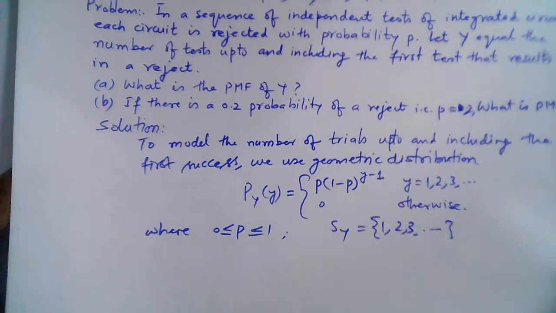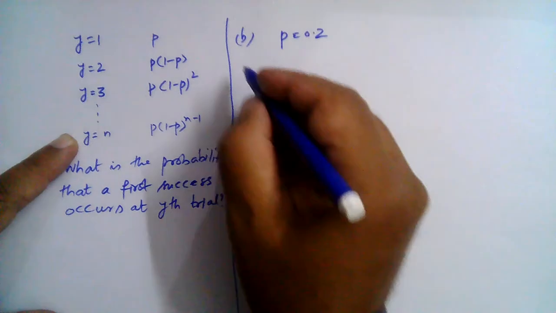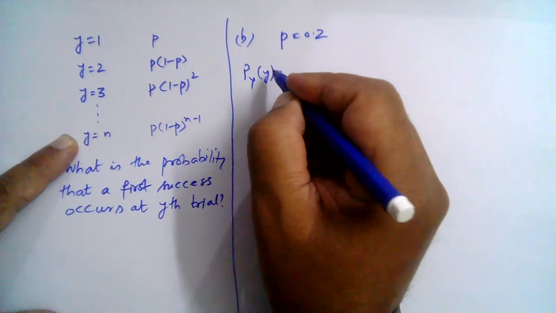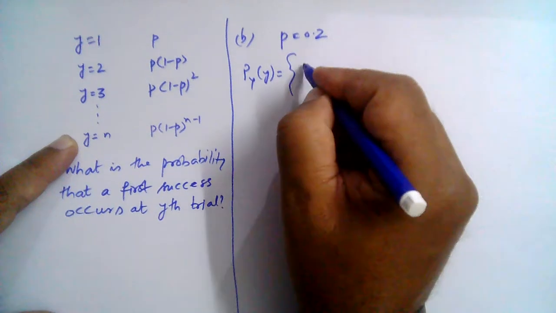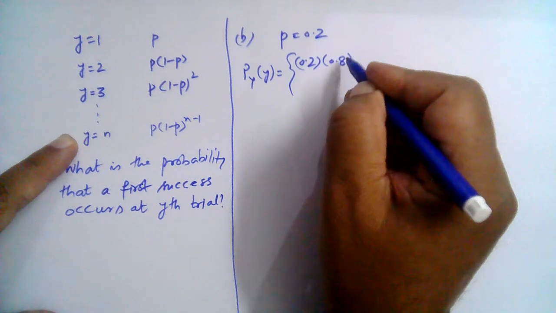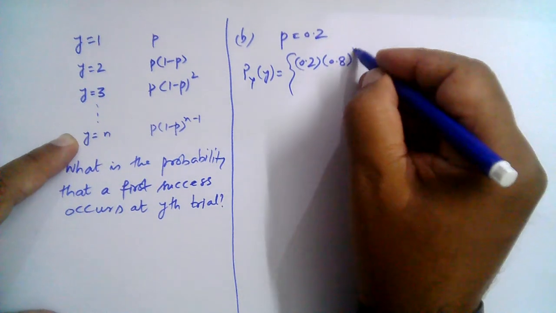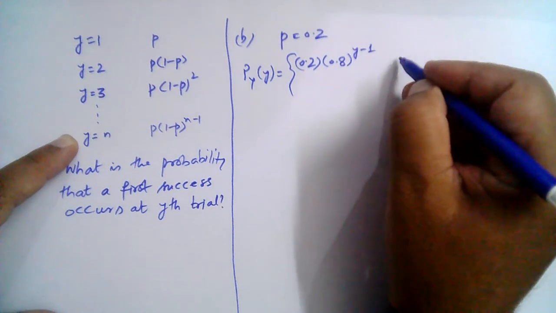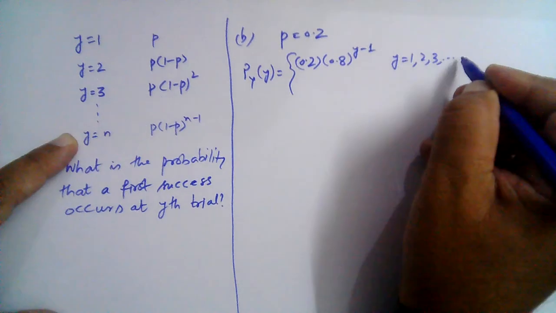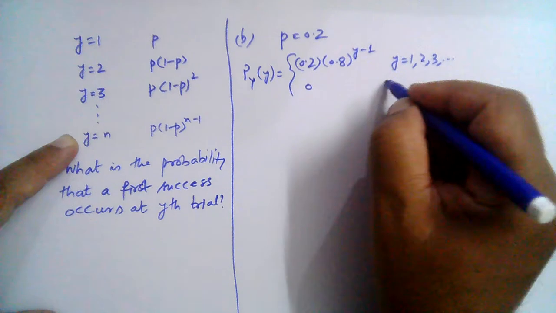So this becomes P_Y(y) is equal to 0.2 into 0.8 raised to the power y minus 1 for y is equal to 1, 2 and 3 and so on, and this is 0 otherwise.